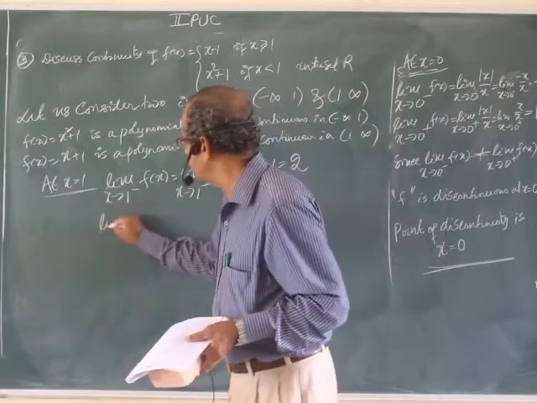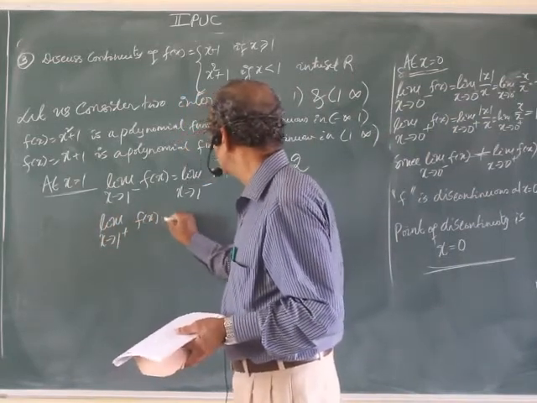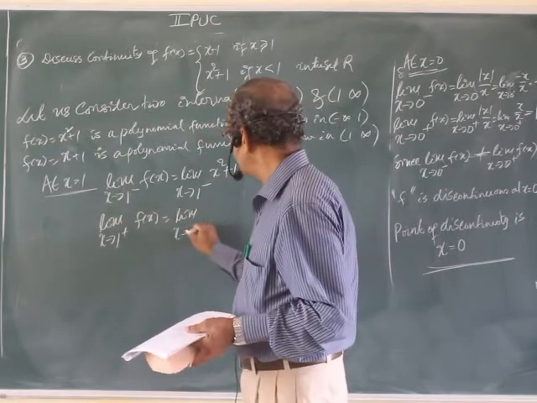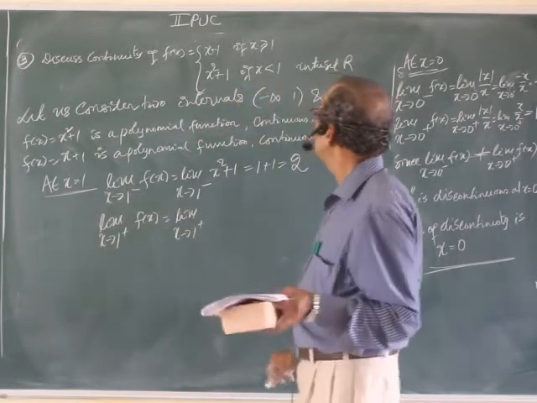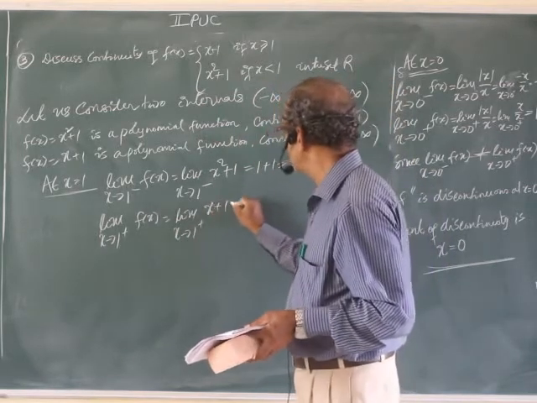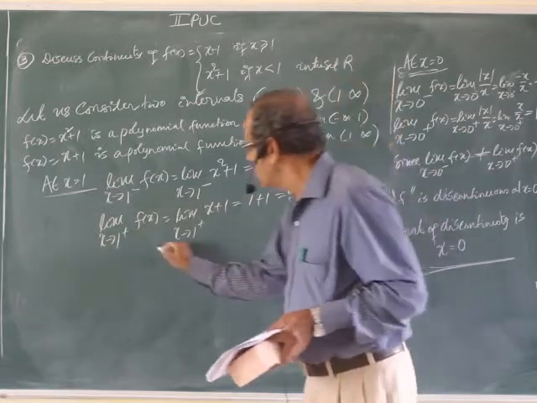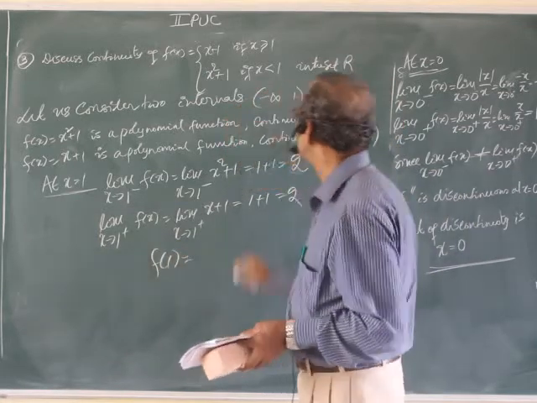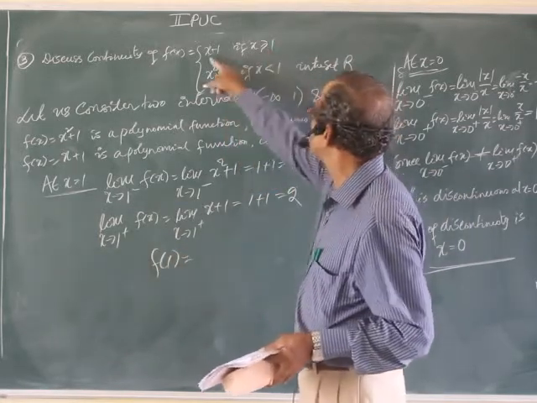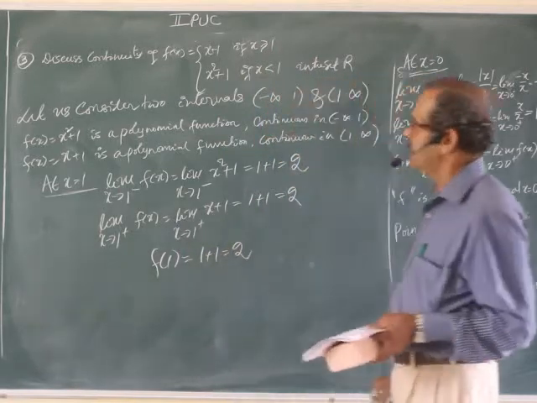Right hand side limit x tending to 1 plus f of x, x greater than 1, x plus 1, 1 plus 1, 2. f of 1, x greater or equal to 1, this, 2. All are equal.